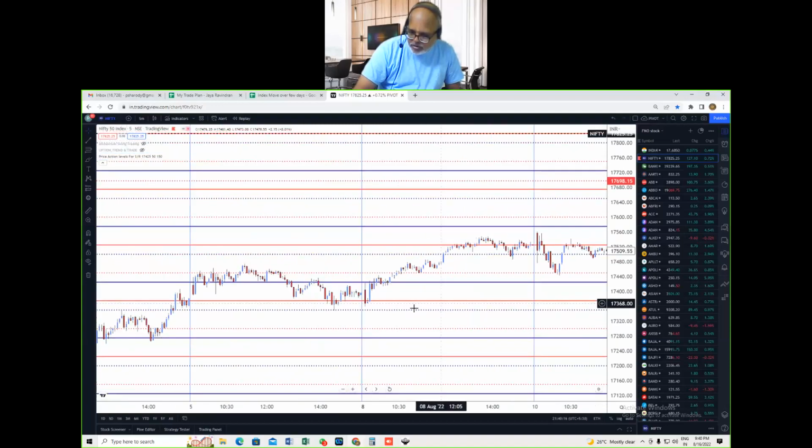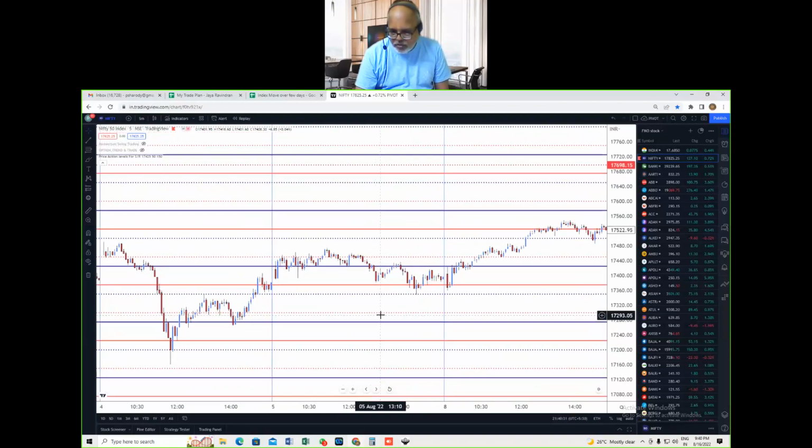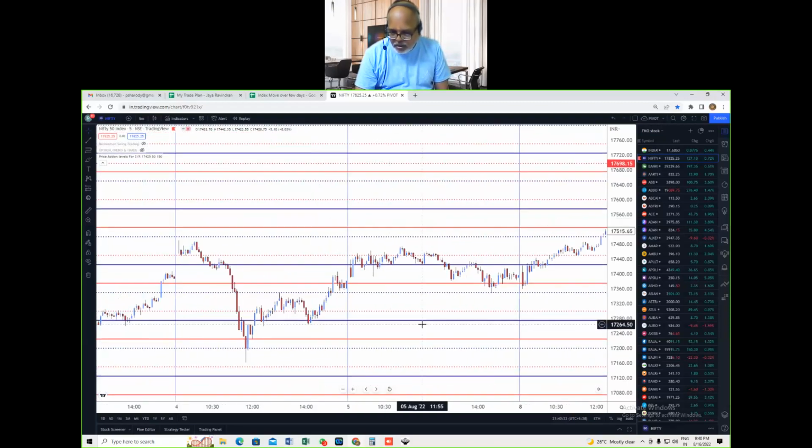There would be some instances when your stop losses would be hit, but you have to be very careful not to initiate a trade at a later stage after 2 o'clock, because you cannot expect a 150 point fall or rise after 2 o'clock. So try to take a trade in the morning so that you can get a decent profit. Now here, if you see, the market opened up, then it started cracking down.